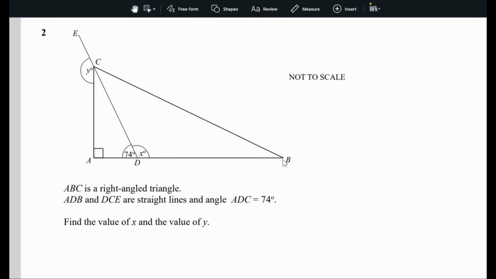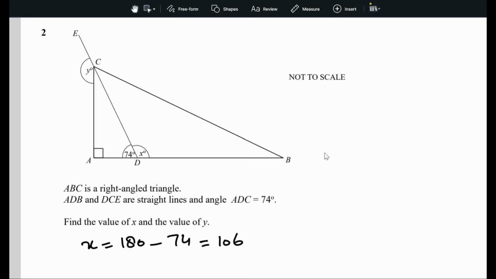Find the value of x and the value of y. So we know that x will be equal to 180 minus 74. So 180 minus 74 will be equal to 106. So x will be equal to 106. Now what about y?